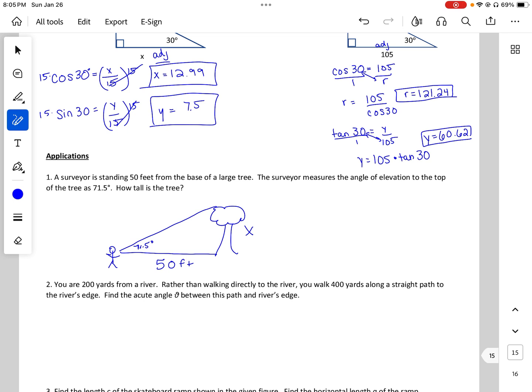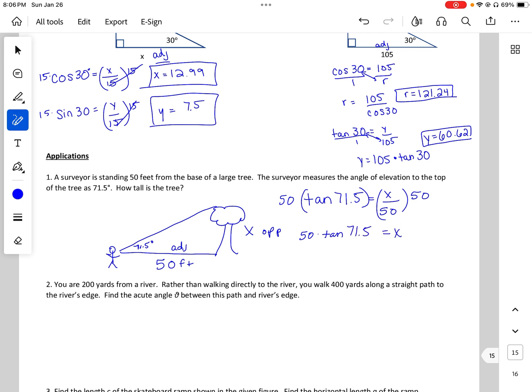So we look at what we know. We know this is adjacent and this is opposite. Opposite over adjacent is tan. So tan of 71.5 equals x over 50. Multiply both sides by 50. We get 50 times tan 71.5 equals x.